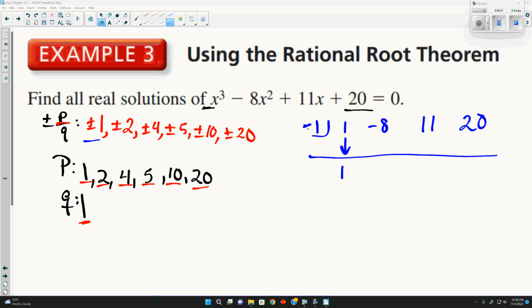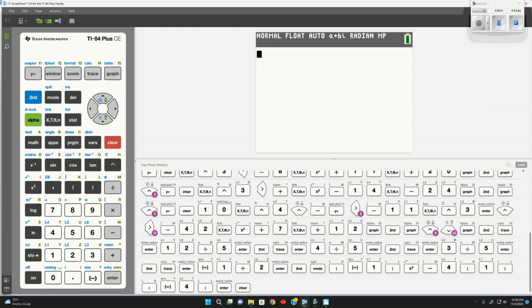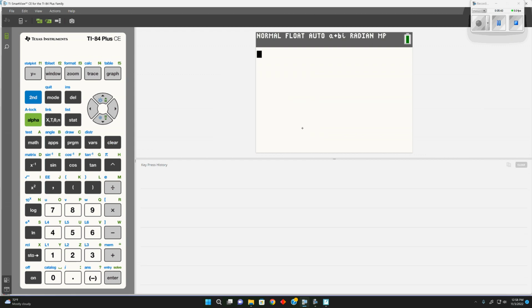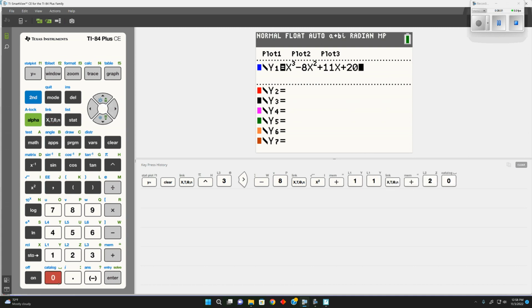Or we can grab the graphing calculator, clear all that out, and say y equals. We have x to the third minus 8x squared. Is it 11x? I'm trying to remember the next one. 11x plus 20.